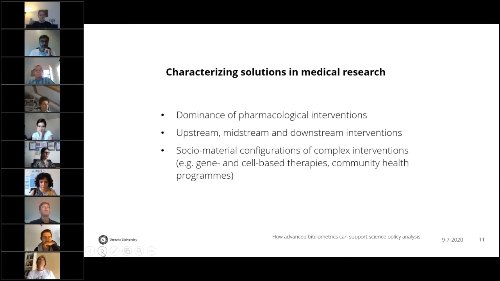Think, for instance, about gene and cell-based therapy. Cell-based therapies, that's a highly technological field, but at the same time also, if you look at community health programs, where there's a mix of different types of interventions at play, both technological and non-technological. And I think there's an opportunity for these advanced bibliometric methods to try to characterize also these type of interventions. So that's from my side.